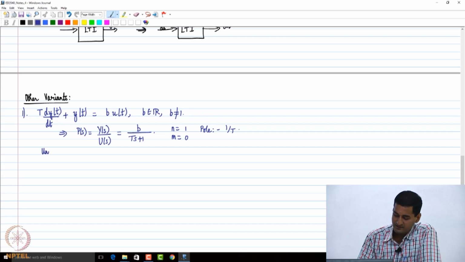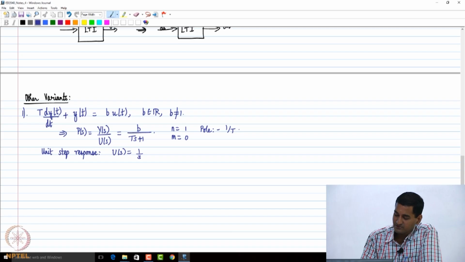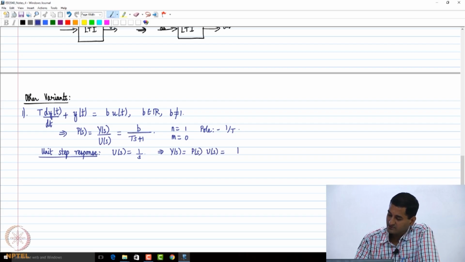So let's say we get the unit step response. Now unit step response means u of s is going to be equal to 1 divided by s. So this implies that y of s is going to be equal to p of s times u of s, which is going to be equal to b divided by s times (Ts plus 1).